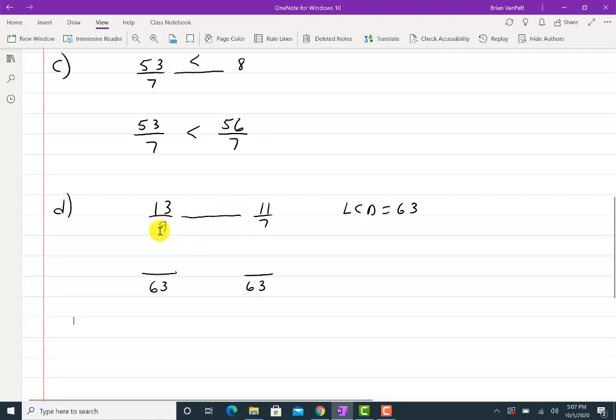Let's start with the first one. I had to multiply 9 by 7 to make this 63. Well, 7 times 13 is 91. Similarly, I had to multiply 7 by 9. Well, 9 times 11 is 99. And so I can see that 99 is bigger than 91, so a less than symbol goes here.